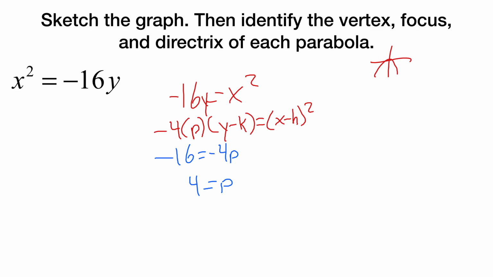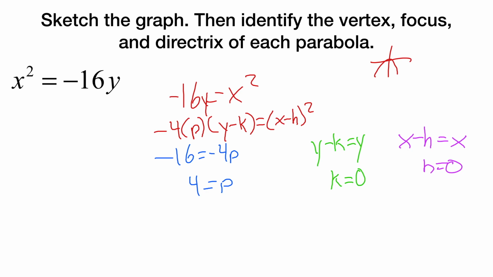Now, let's talk about the next part. The next thing I note is y minus k equals y, which means k has to equal 0. And finally, x minus h equals x, which means h has to equal 0 as well.